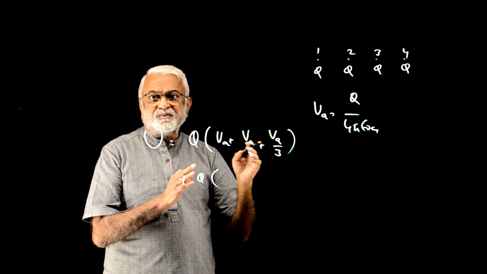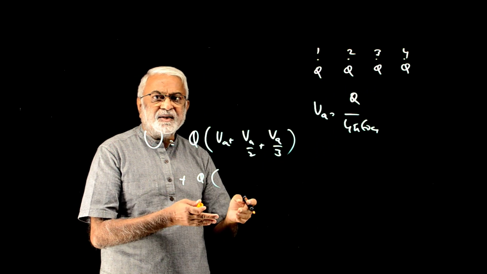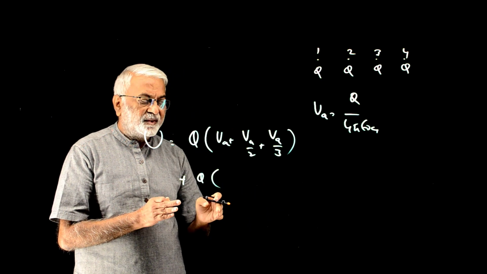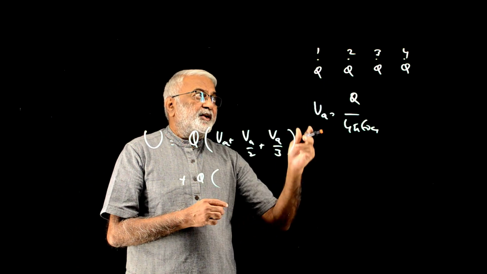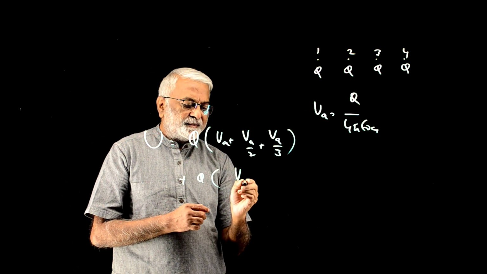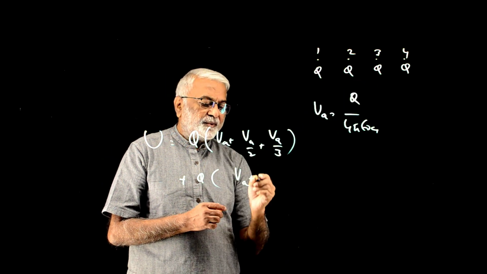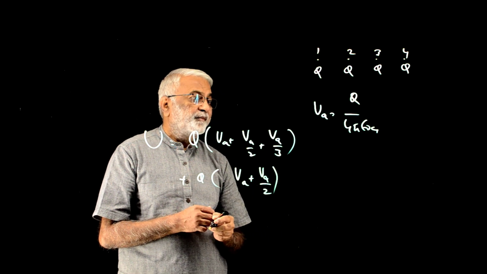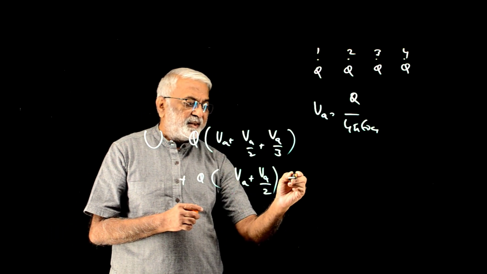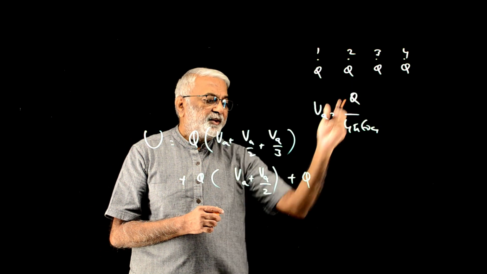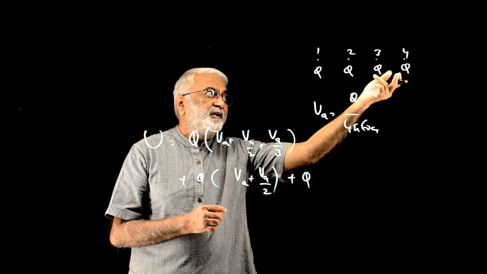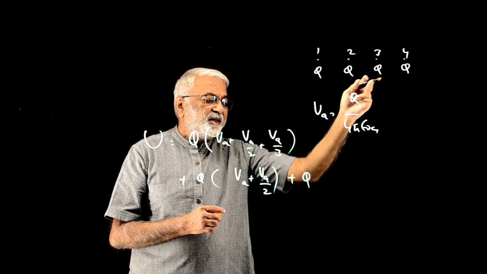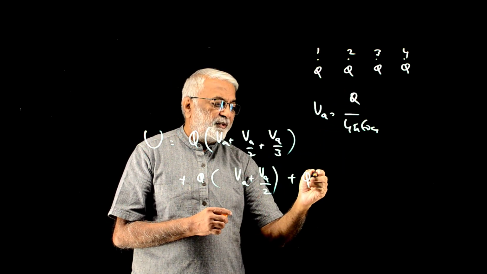We realize that a charge must be treated either as being in the field or creating the field to get the calculation without halving. So this is Q, potential at the place where 3 is, that's VA due to 4, VA by 2. Then the last one, Q in the field of, we'll leave out 2 from further calculation. So now we are with 3 and it's in the field of 4, that potential is VA.